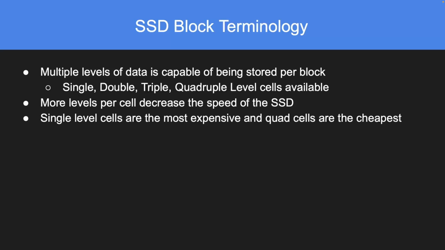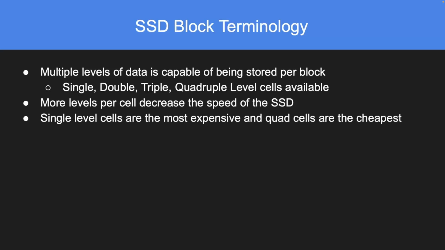And these cells are organized in matrices, and these matrices are multiplied on top of each other by multiple rows of matrices, and each cell itself can store 1 bit, a single data point, 2 data points, 3 data points, or 4 data points, which is single, double, triple, or quadruple level cells.